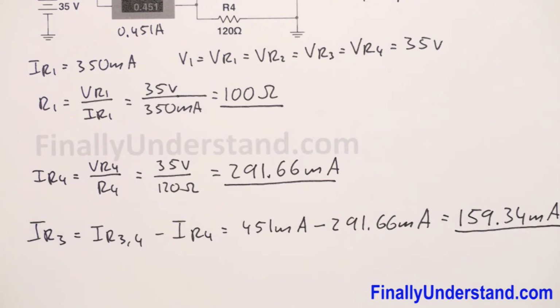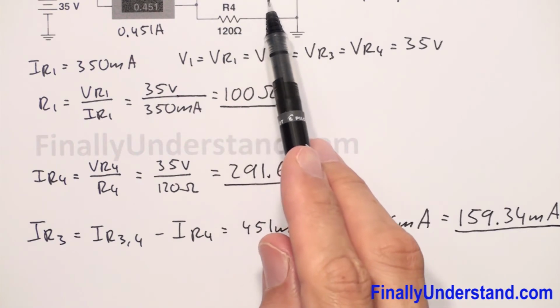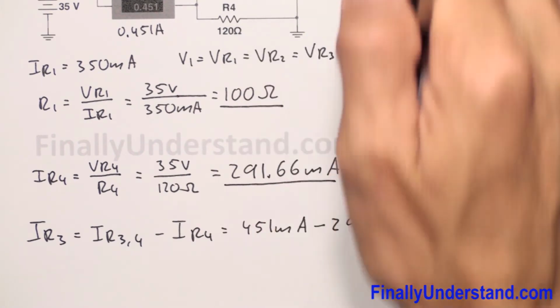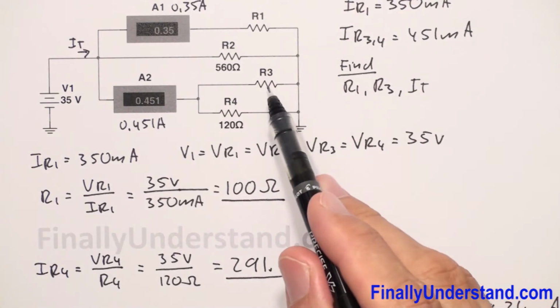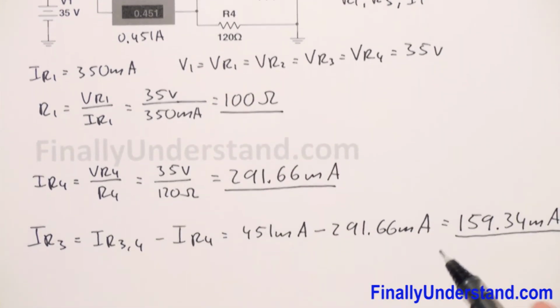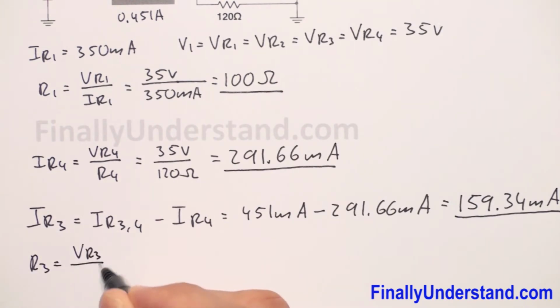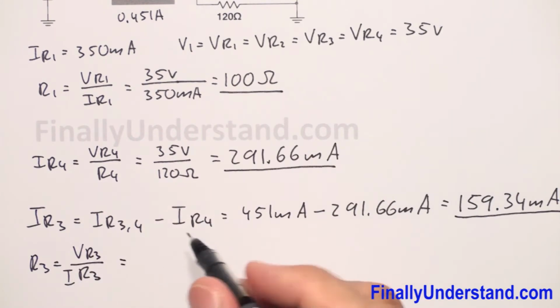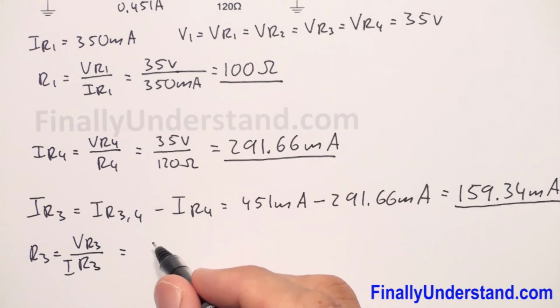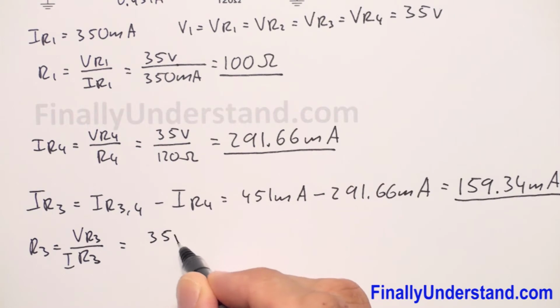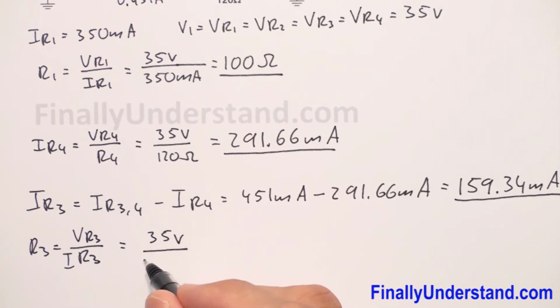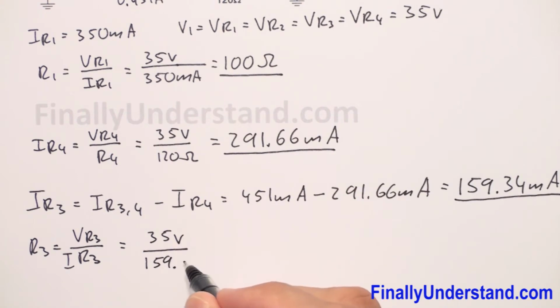So this is the current which will go through resistor R3. If I know the current which goes through resistor R3, I can find the resistance of resistor R3. R3 is equal to VR3 over IR3. So VR3 is 35 volts over 159.34 milliamps.